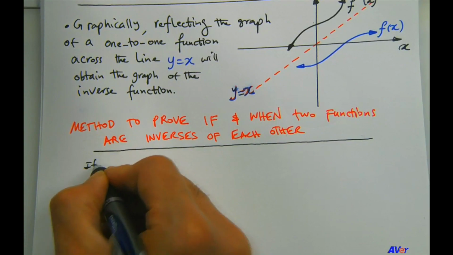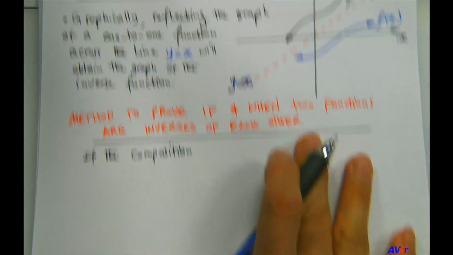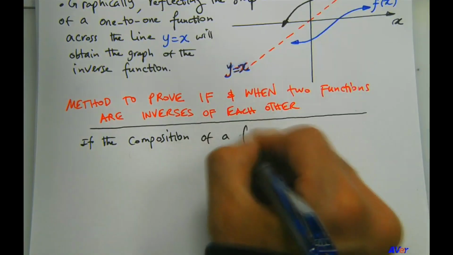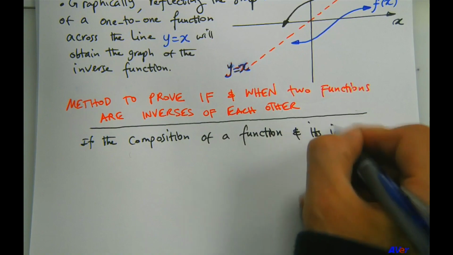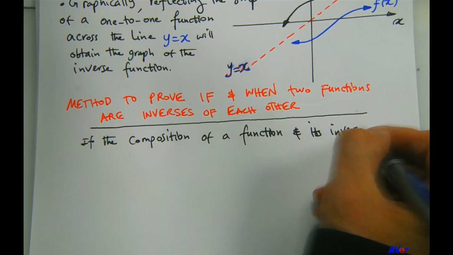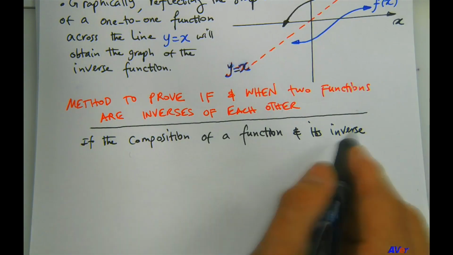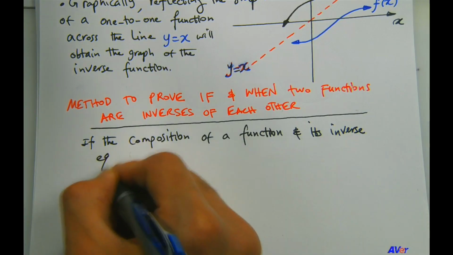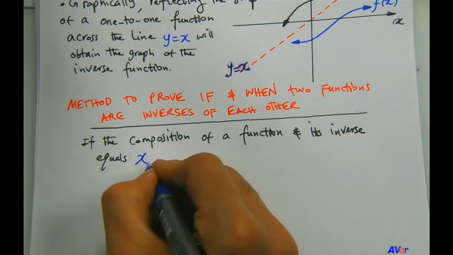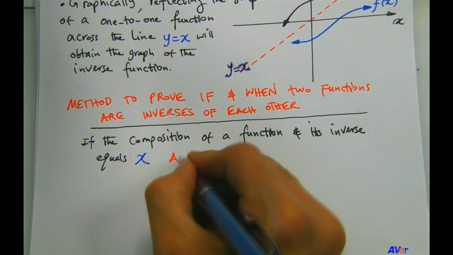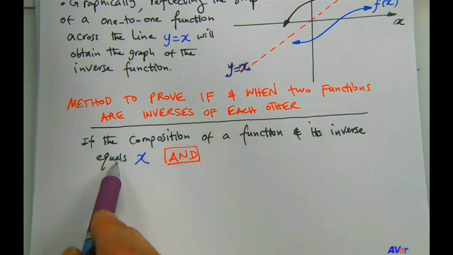So we say if the composition of a function and its inverse equals x, and this is very important, that's not a sufficient condition.